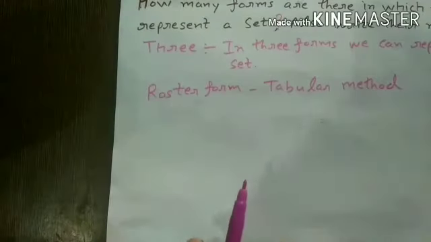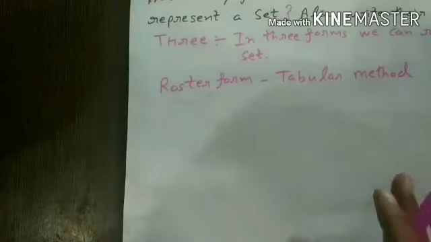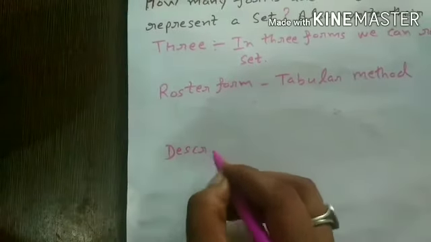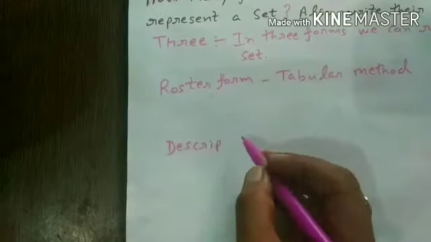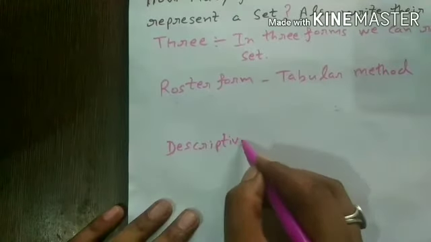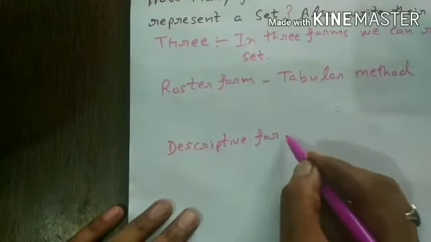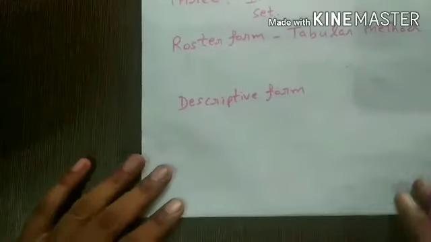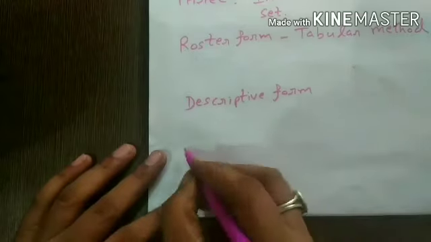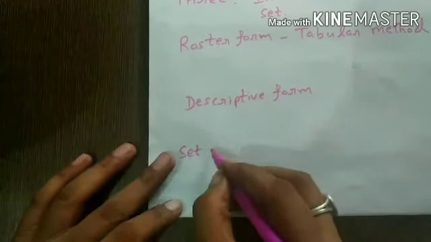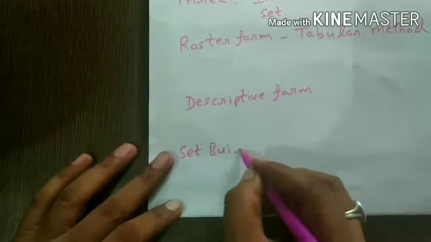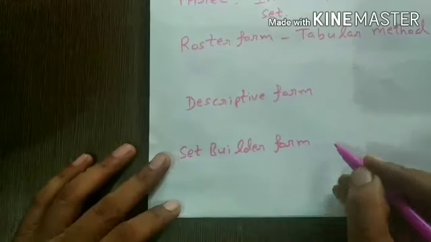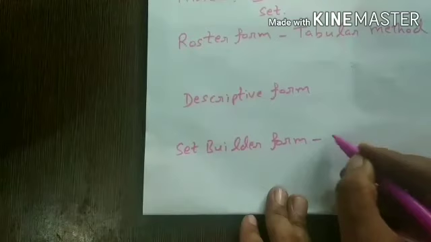The second one is descriptive form, and the third one is set builder form, and its second name is rule method.